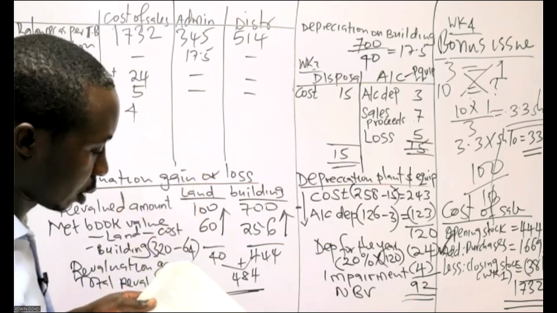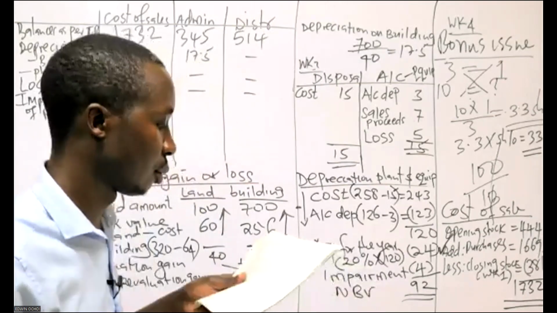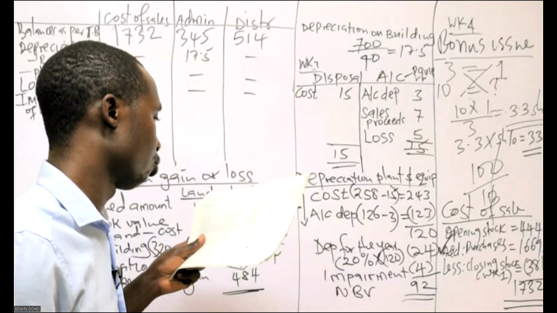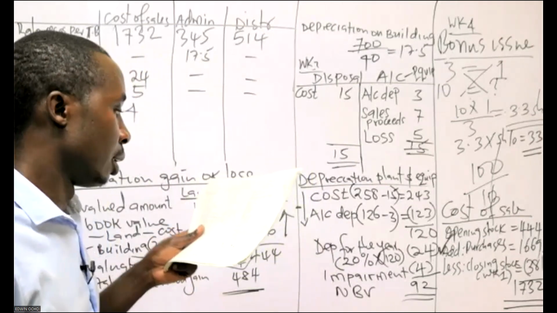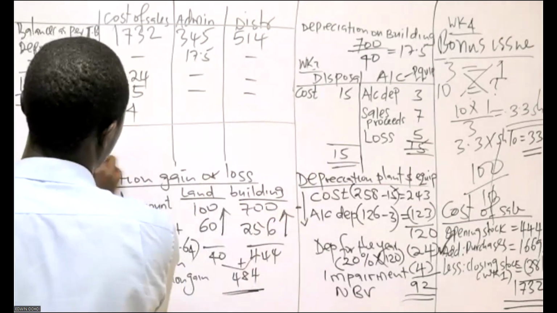Then you always go to the trial balance and check if there's another expense which we have not classified. Nothing. What you do, add this sum.